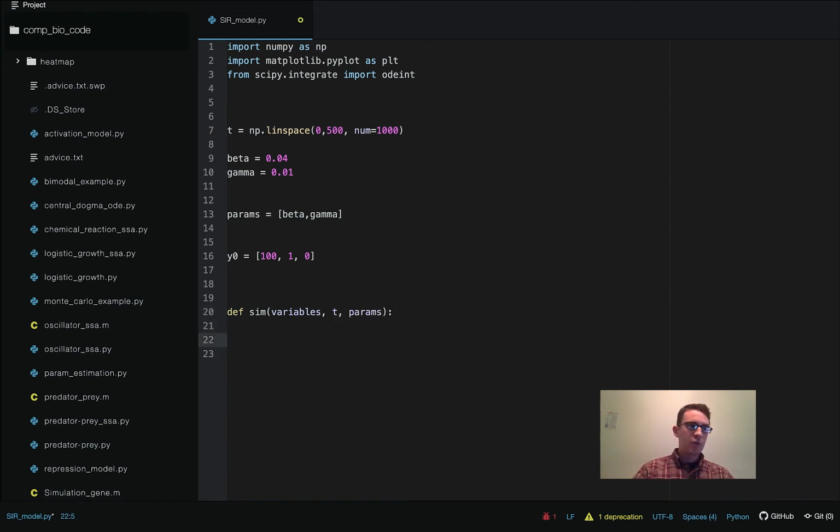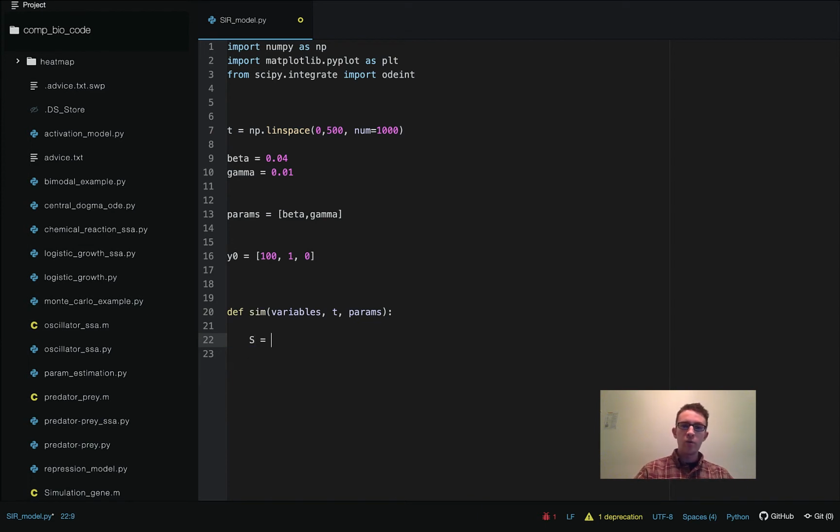So the first thing we're going to do is define all of our variables. Even though we haven't defined the variables array yet, when this is running through the ODE solver, it's going to be passing something into here with the current levels of all of our variables.